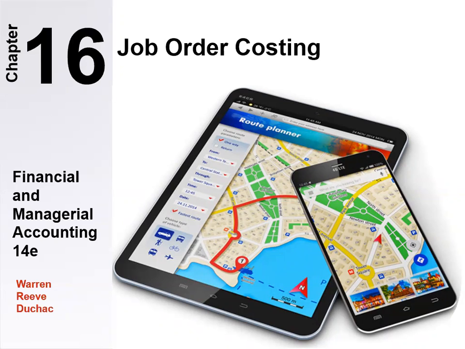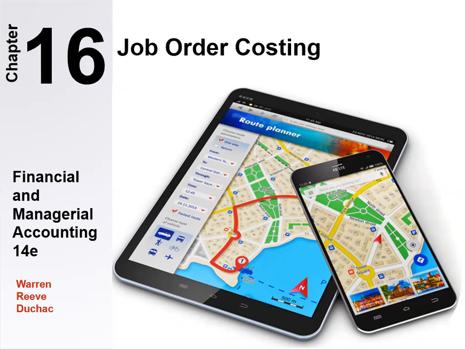So in chapter 15, we learned what managerial accounting was and talked about the cost flows and the statements and everything. So chapter 16 is just building upon that. In chapter 16, we're going to talk about job order costing. So the cost flows stay the same.